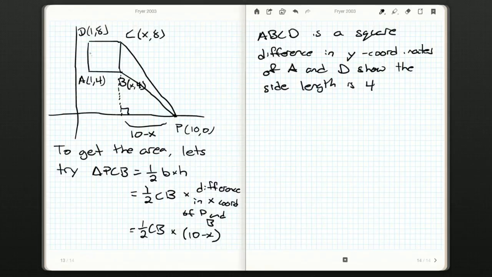So we can pretty clearly see that the side length here is 4. We go from 4 up to 8. That's a difference of 4. So what are the coordinates of B? Well, instead of going up by 4, we just go over by 4.